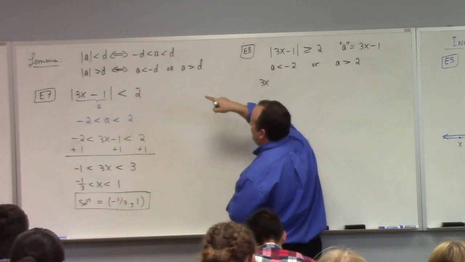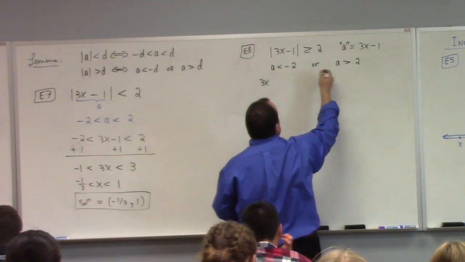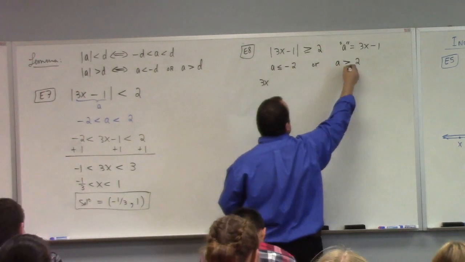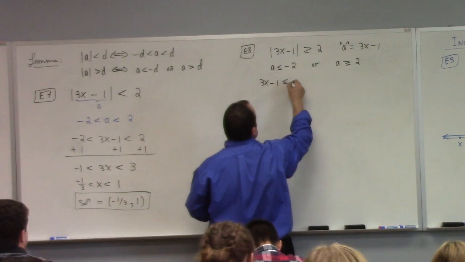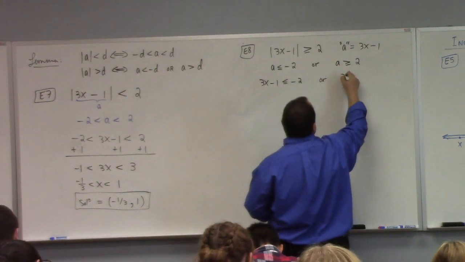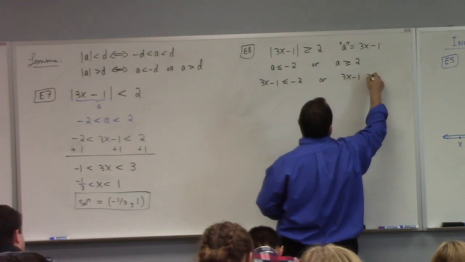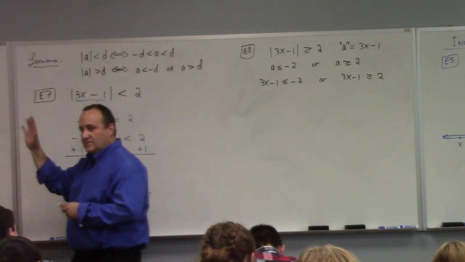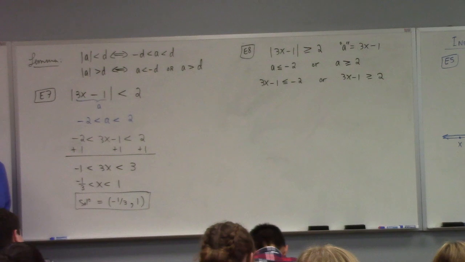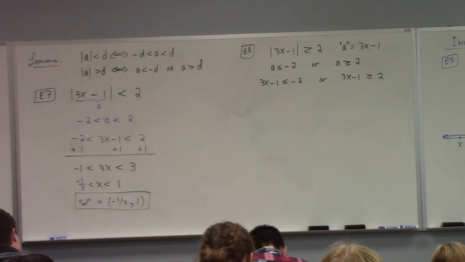So equals on both sides here. I've got 3x minus 1 less than or equal to minus 2, or I've got 3x minus 1 greater than or equal to 2. These are not the same x's. They're actually going to be different x's.